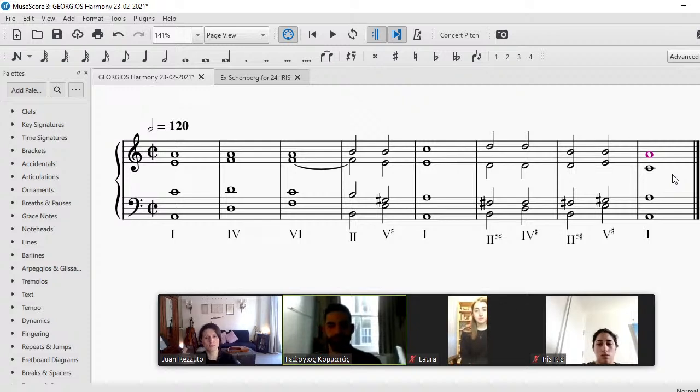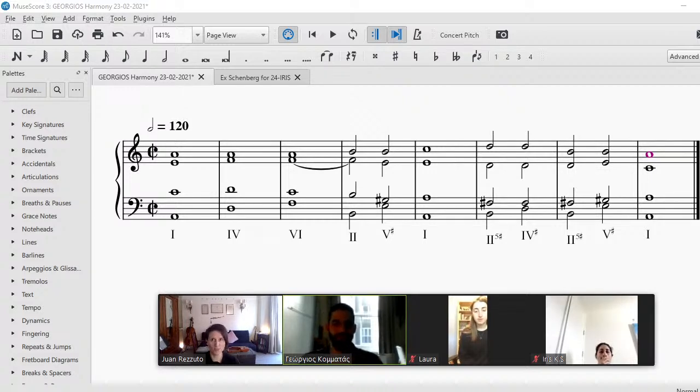So the rule is basically in the major, the minor, the fifth can be omitted for the sake of the voice leading. Always? Yes, in general. I mean for the sake of the voice leading, not because of anything else.